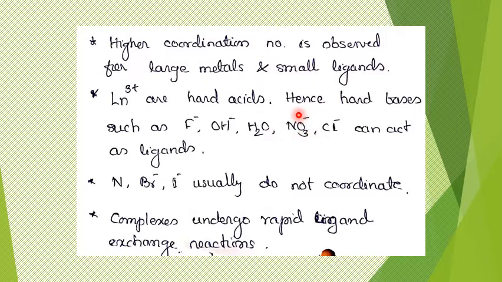Even nitrate, if it is acting as a ligand. Most of the time we will be taking lanthanum nitrates to prepare the complexes. There the nitrate ion uses its oxygen, and you can expect two oxygens to be coordinated simultaneously. Preference will be there for oxygen coordination over nitrogen. Even in some cases, chloride coordination can be expected.